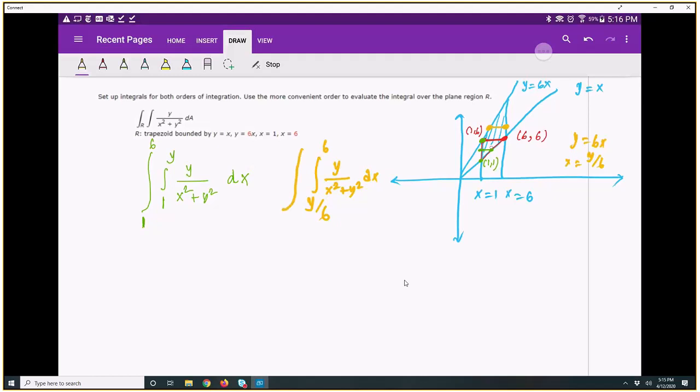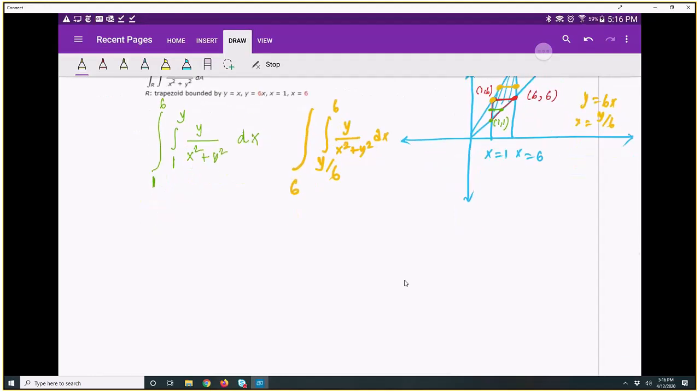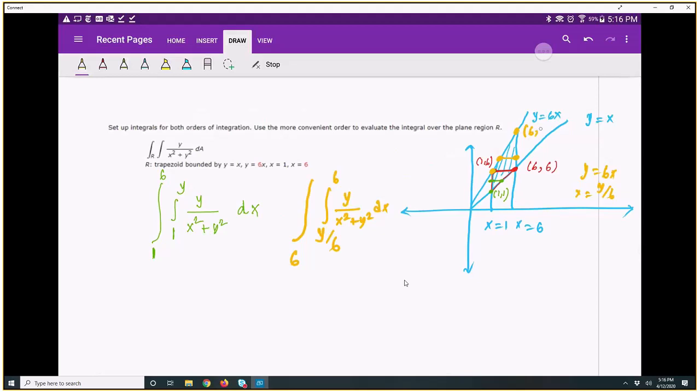For this portion, the lowest possible value of y is 6, because I'm starting here. And the highest possible value of y is the crossing of x equal to 6 and y equal to 6x. So this point is (6, 36). So the highest value of y is 36, and I do the integration with respect to y. So when both of them are done and added, I get my required volume. This is when I integrate with respect to x first.